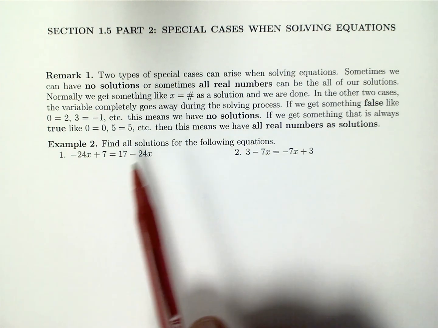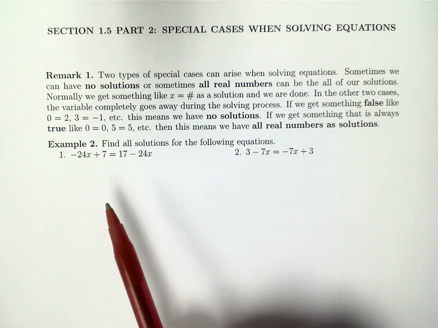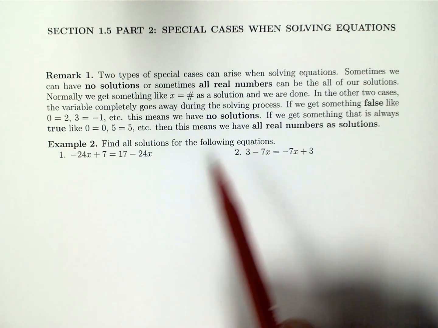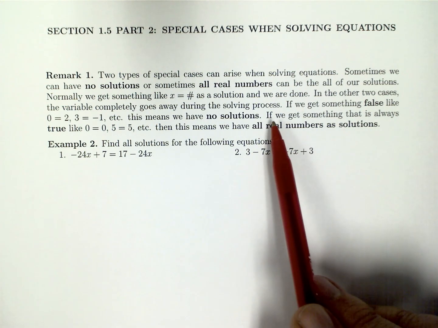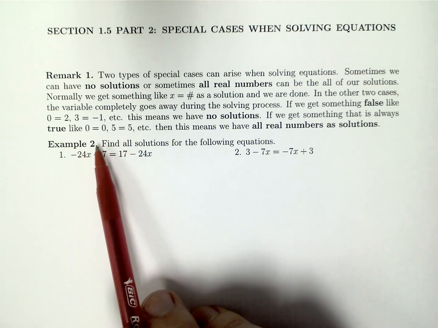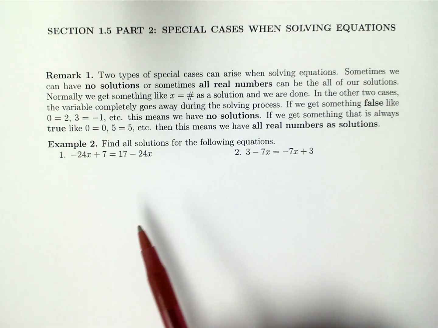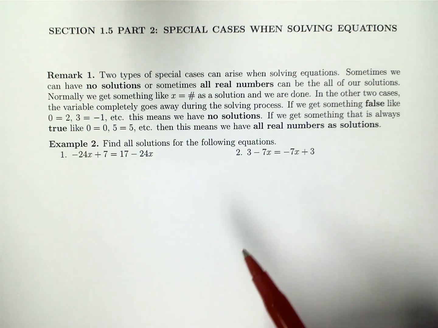No matter what we plug in for x, we would never get something that's a true statement out. It's always false. On the other hand, if we get something that's always true, like 0 equals 0, 5 equals 5, etc., then that means we have all real numbers as solutions.